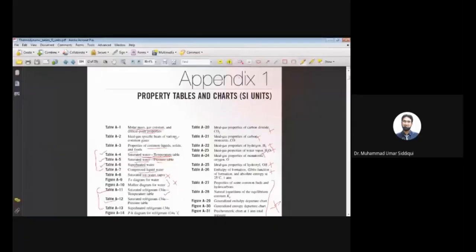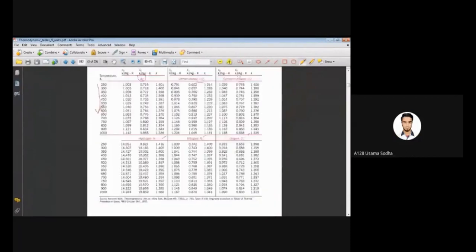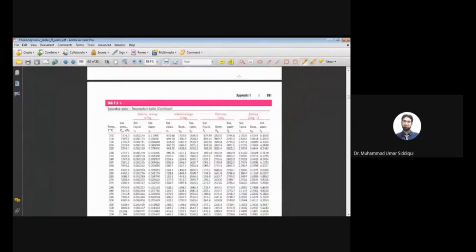Can you see the thermodynamic tables window in front of you? Yes, sir.